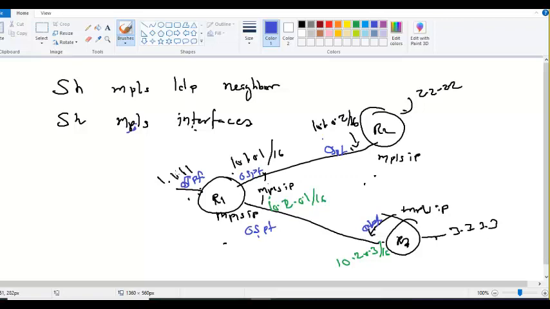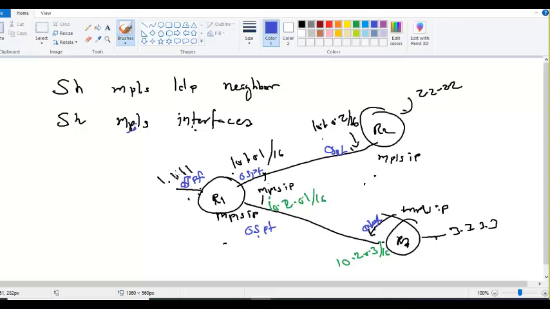For OSPF, you may configure a router ID which exists nowhere. That address need not be available on that device or anywhere in the topology.